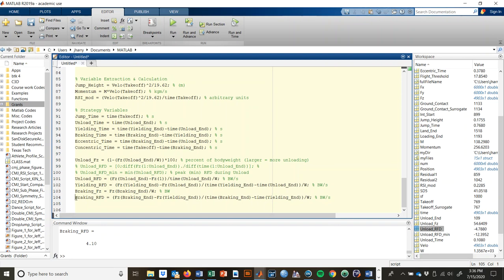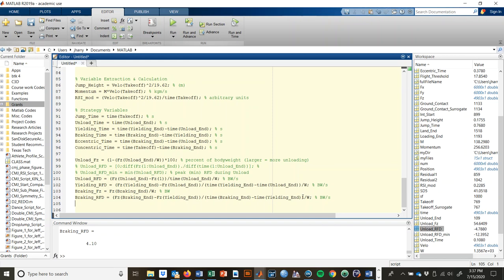Now, just to avoid redundancy and doing the same variable over and over again, I won't do this for the overall eccentric phase, but just recognize that what we would do is take force at braking end minus force at unload end divided by time at braking end minus time at unload end. That would be, in this case, based on these phase definitions, the average rate of force development over the overall eccentric phase.